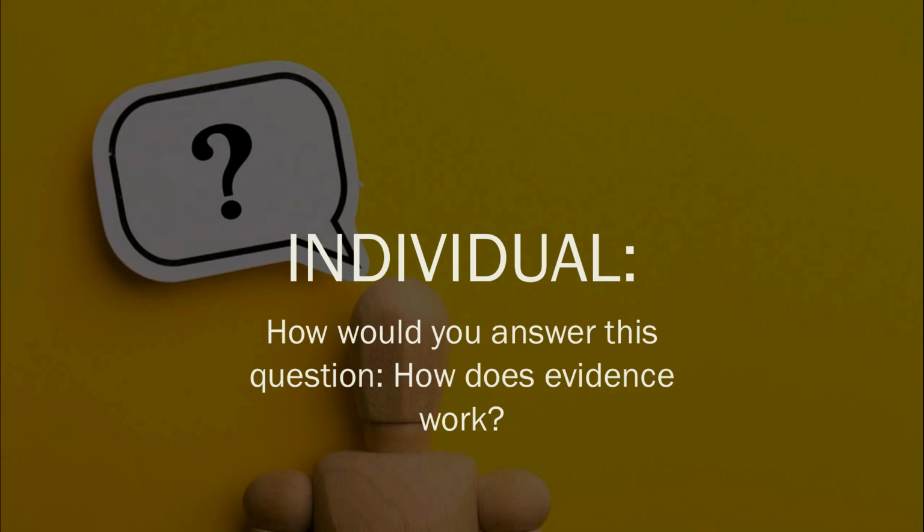This is a really good way, I think, to help students solidify their thinking by asking them to create some sort of generalization, some sort of general rule about how evidence works. And so just as a question for them, how would you answer this question? How does evidence work? Give them an opportunity, now that they've seen lots of different kinds of it, and it's not all just the typical evidence that we might think about as evidence, the hard evidence in scientific studies, but rather that there's a range.